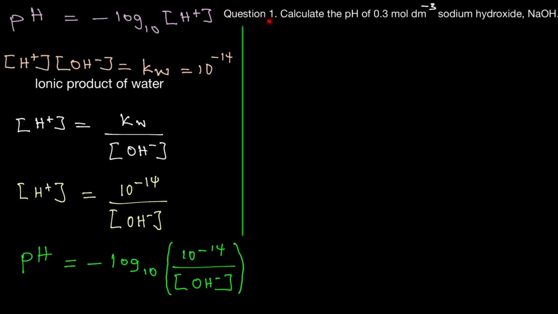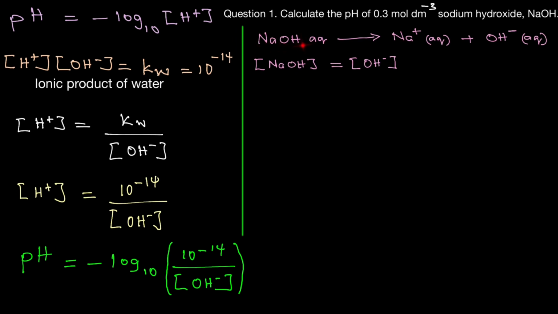Question 1. Calculate the pH of 0.3 mole per decimeter cube of sodium hydroxide, NaOH. Sodium hydroxide will dissociate completely, giving sodium plus ion plus OH minus ion.